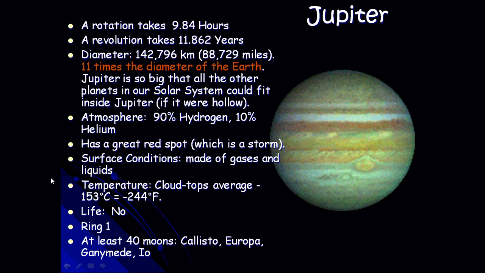It's a very large spot. Now, the surface conditions are made of gases and liquids, and the cloud tops average about 153 degrees Celsius. And no, it cannot sustain life. It does feature 1 ring, and it has at least 40 moons, 40 satellites, if you will, and counting, with the most popular ones being Callisto, Europa, Ganymede, and Io.